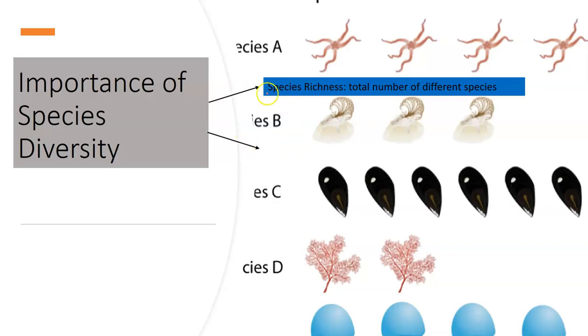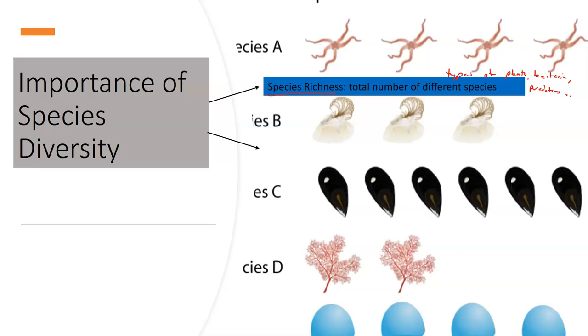Species richness, in this case, would be like, well, how many types of plants or bacteria or predators, etc. Okay, so it's not the same as functional diversity in terms of representation from each kingdom.